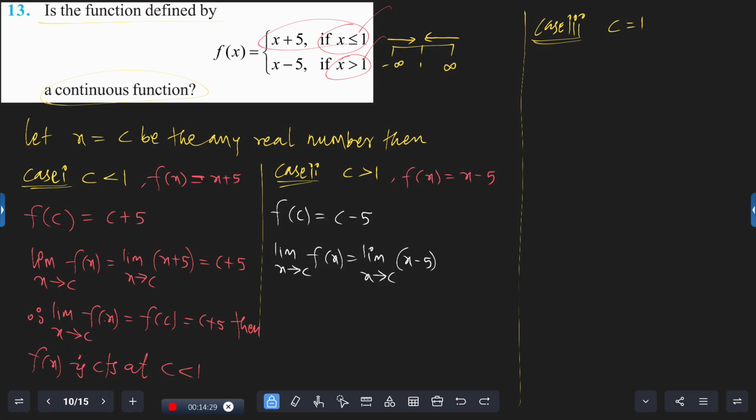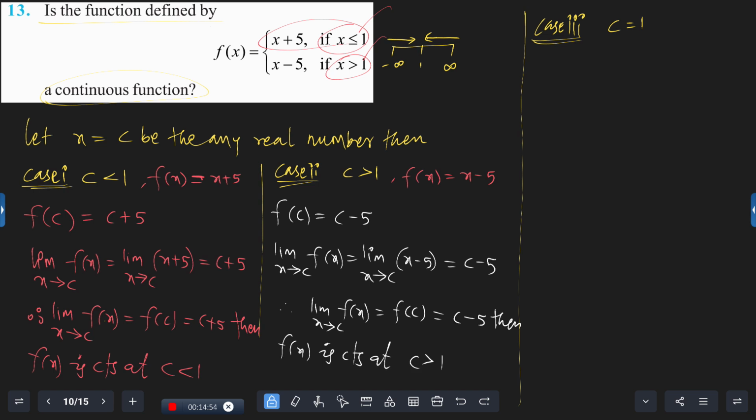Instead of x, if you replace the C, C minus 5 you will be getting. So what is my answer? Therefore limit x tends to C, f of x is equal to f of C is equal to C minus 5. Then f of x is continuous at C greater than 1.